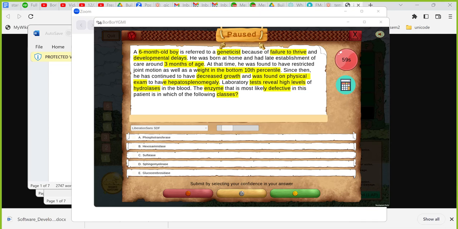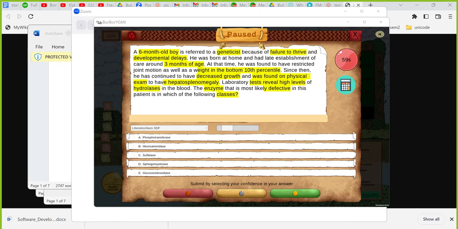The best way to study these is to know these words. Sphingomyelinase refers to lipid storage disorders. It's the thing that builds up between two disorders. There's Tay-Sachs disorder, a genetic disorder that causes a cherry red spot on fundoscopy.